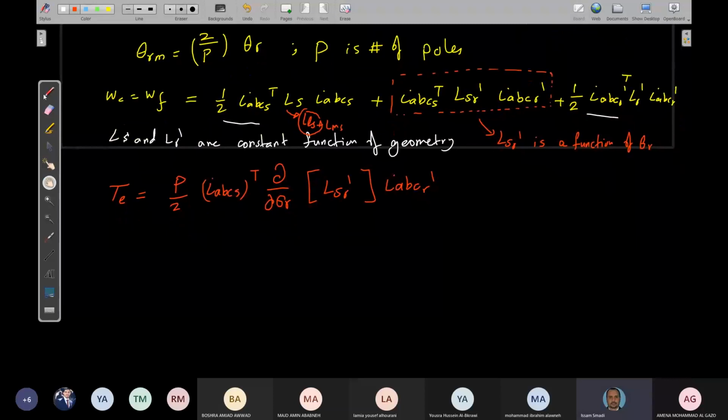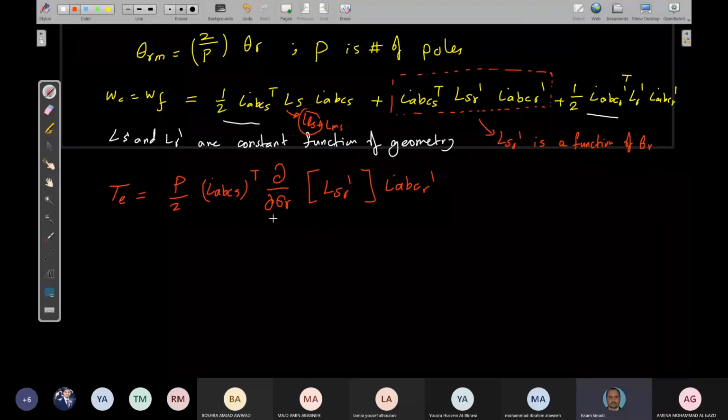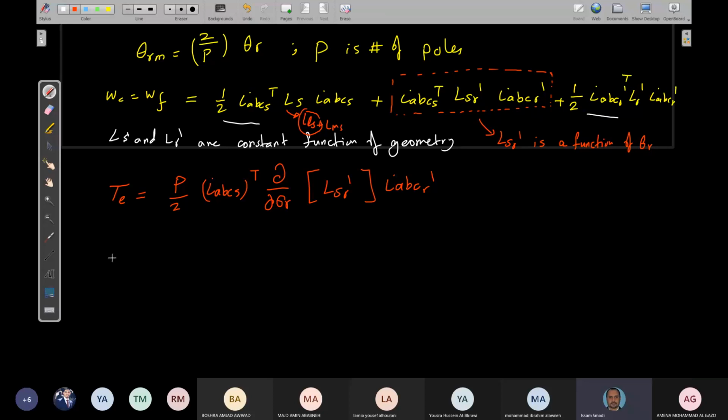If I need to expand to do the math to find an expression for the torque, and you need to do that because if you want to simulate the machine in the ABC reference frame, you need to evaluate the torque. So you need to find an expression for the torque.